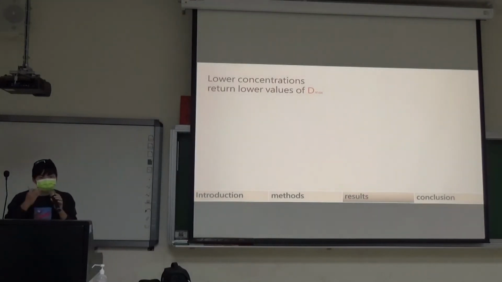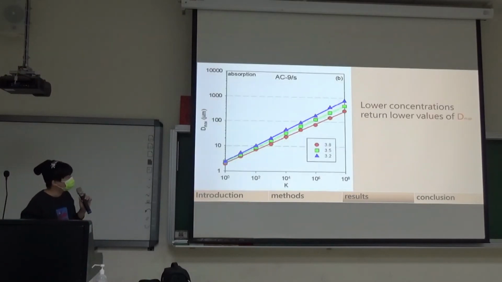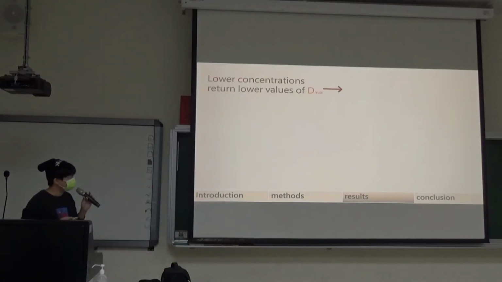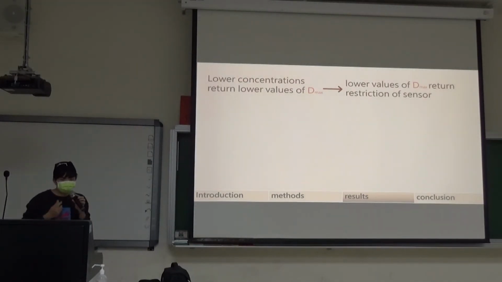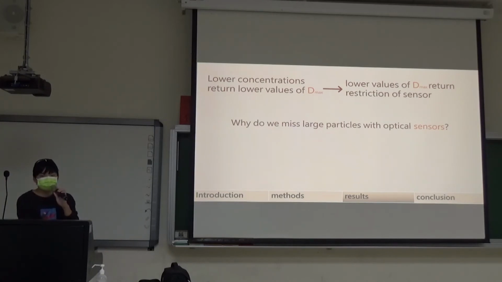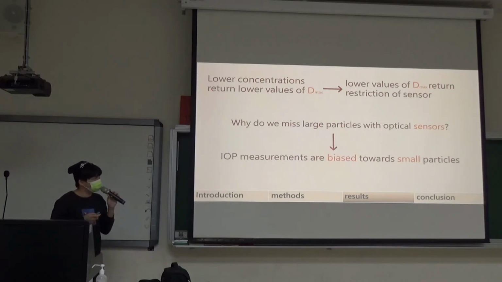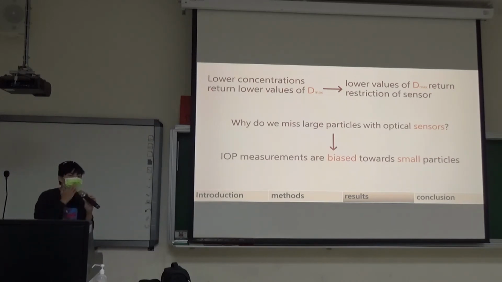And a lower value of Dmax means a restriction of the sensor. So why do we miss large particles with optical sensors? The IOP measurements are biased towards the small particles. The large particles cannot be truly captured by the sensor because of the restriction of the sensor.